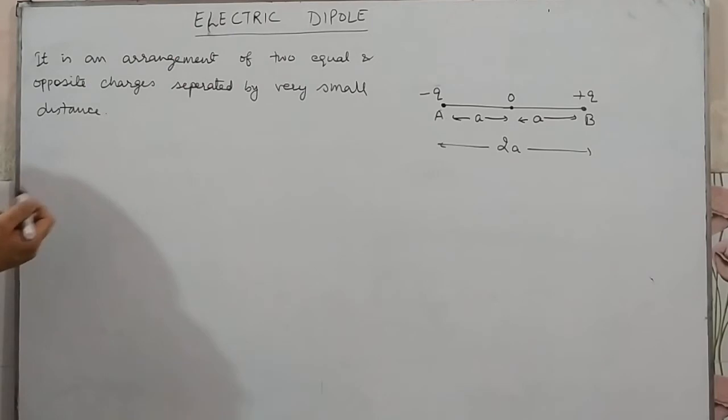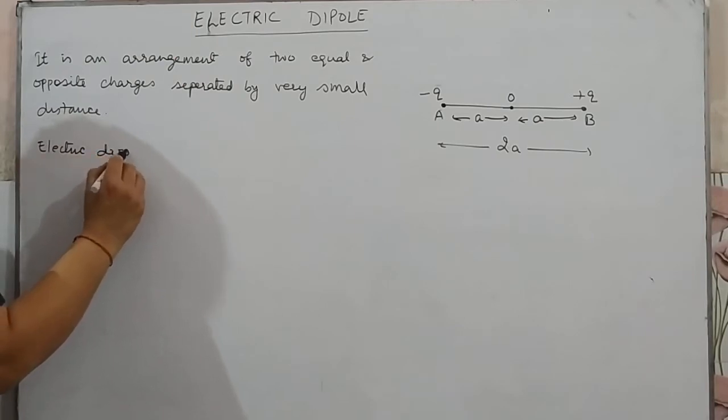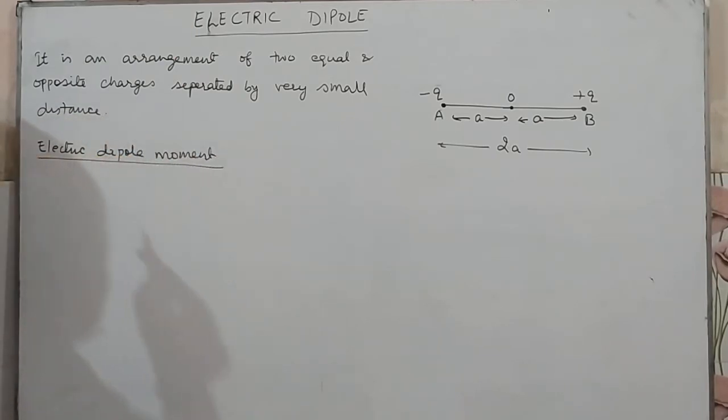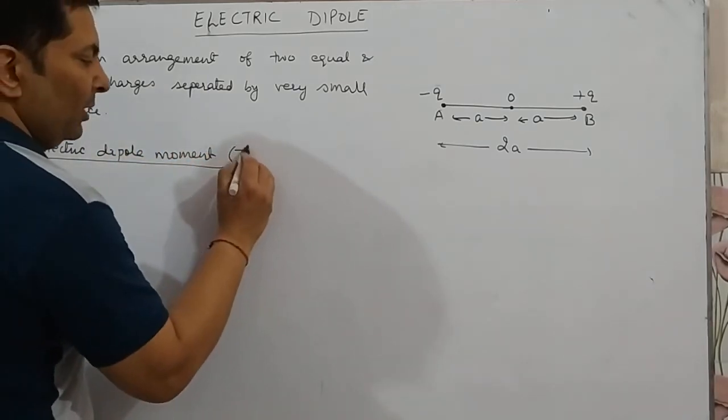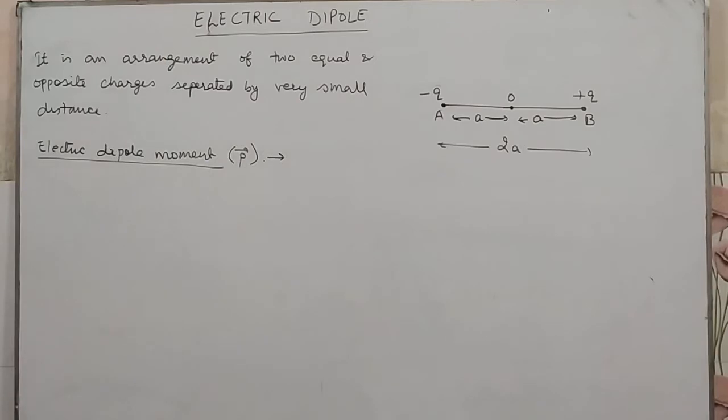Next, we deal with the electric dipole moment. What is the electric dipole moment? It is denoted by the vector p.